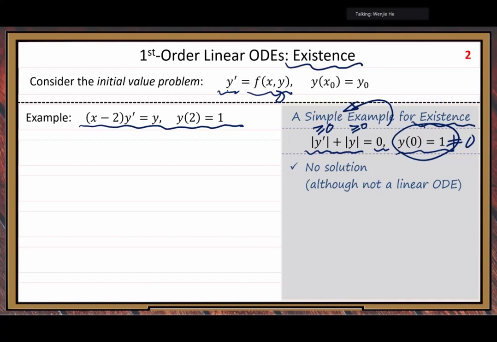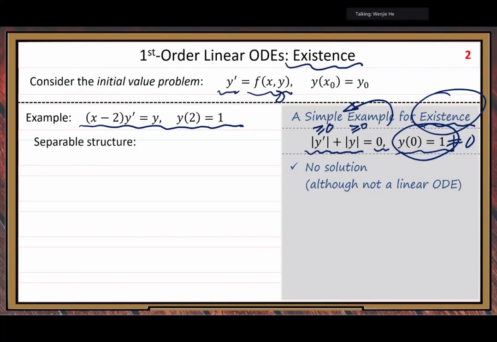The first simple example is trivial; the existence problem of the first equation is very easy to see. But the second one is non-trivial, not easy to see. So let's study the second example.